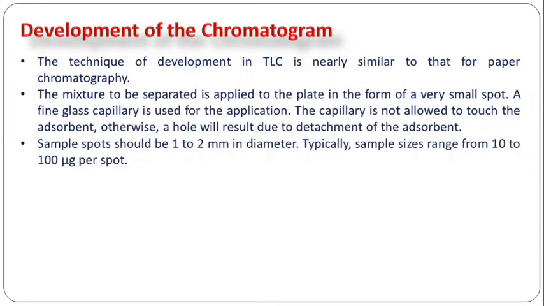Typically, sample size ranges from 10 to 100 microgram per spot. So the concentration needed is very small, only 10 to 100 microgram. Then only fine separation will be there.